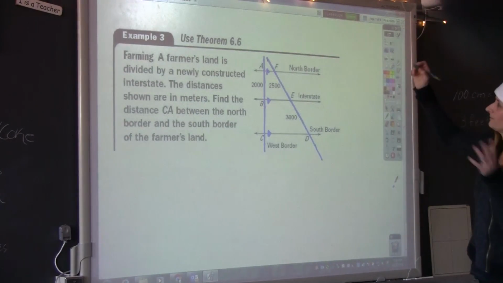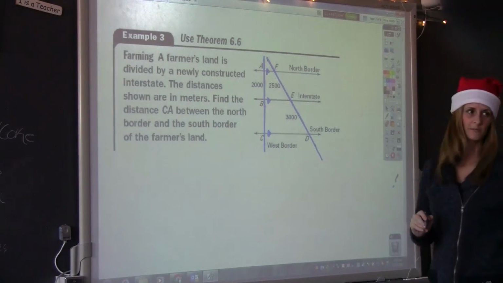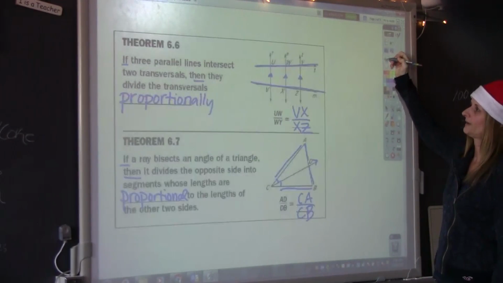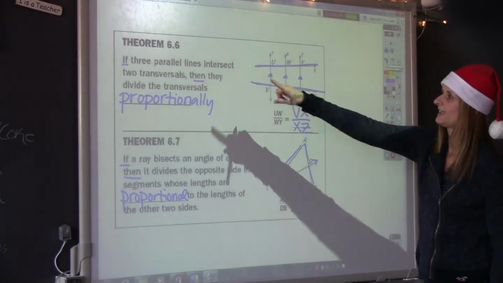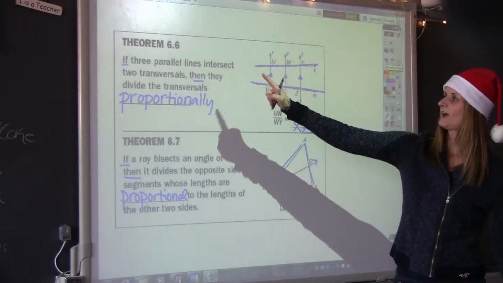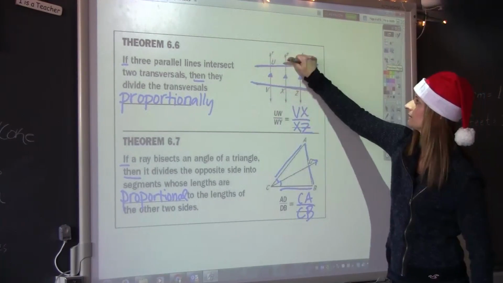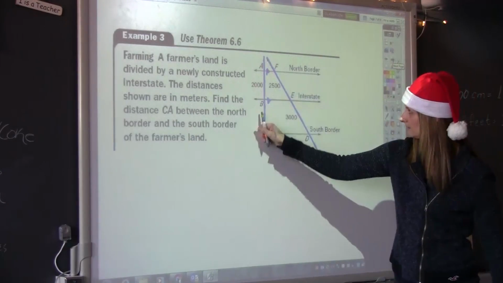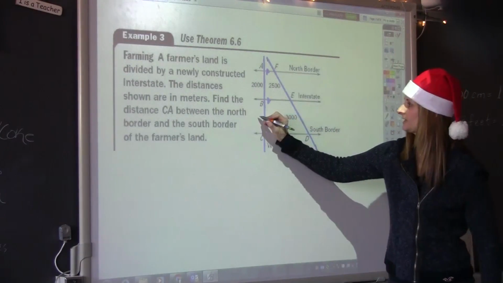All right, so let's write a proportion. If three parallel lines intersect two transversals, then they divide the transversals proportionally. I'm going to put an X right here.